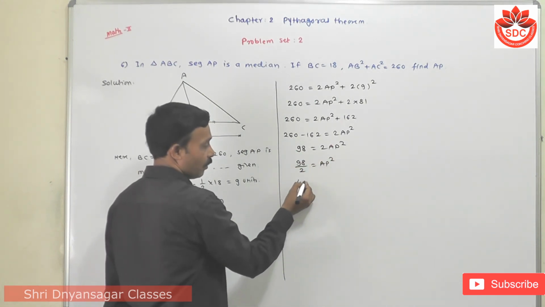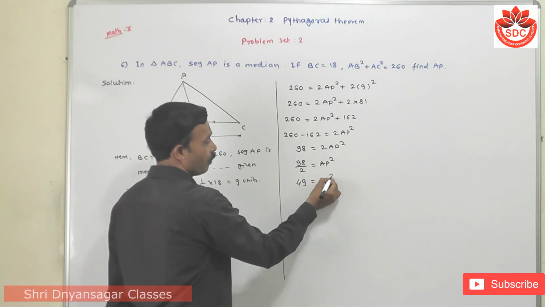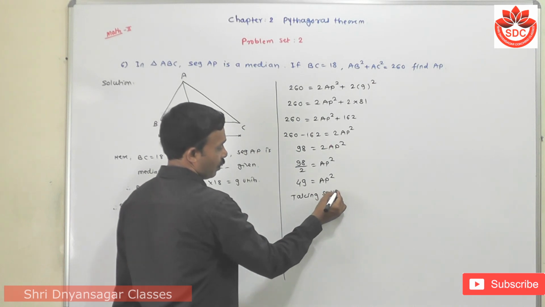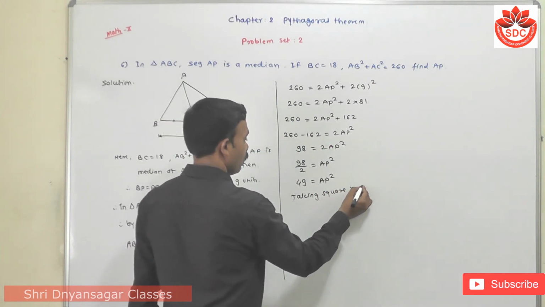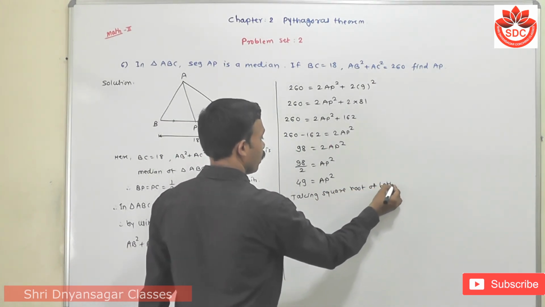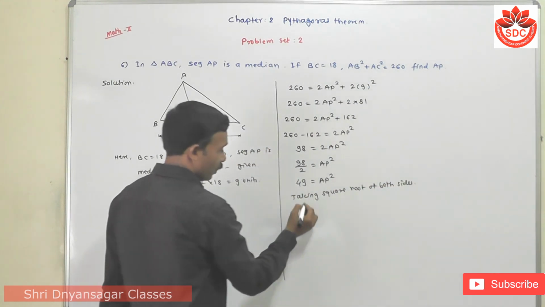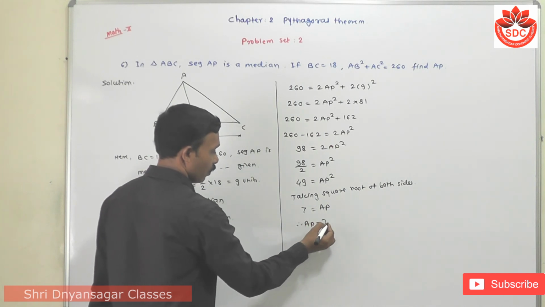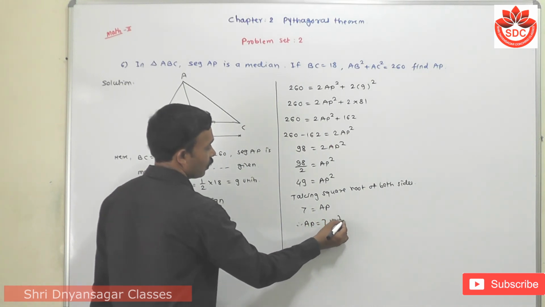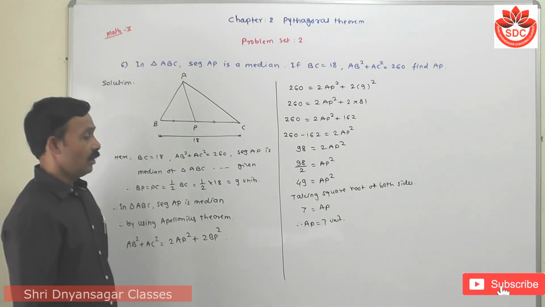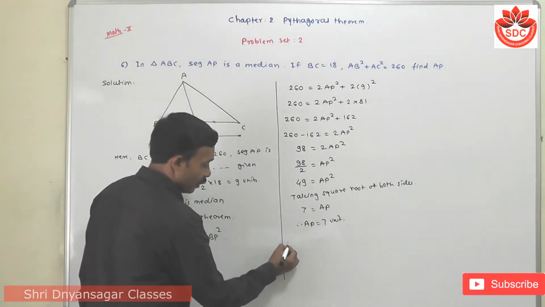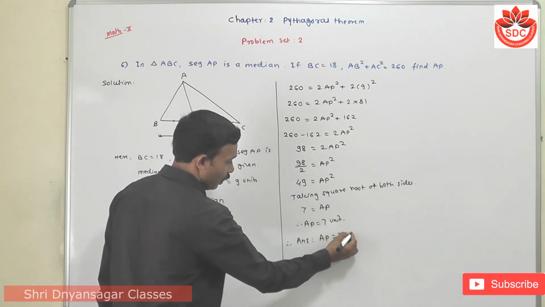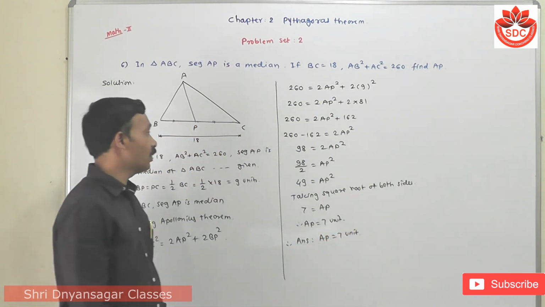When we simplify, it becomes 49 is equal to AP square. Then taking the square root of both sides, 7 is equal to AP. Therefore AP is equal to 7, and since no unit is given, there is no unit. Now the answer in a full sentence: the value of AP is equal to 7 units. Can you understand this question? Okay.